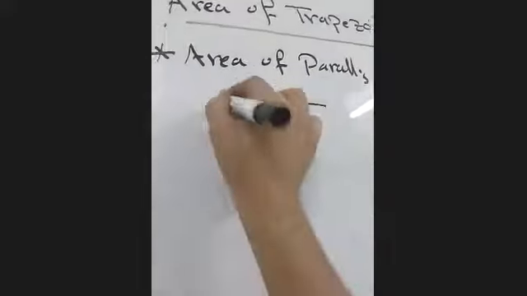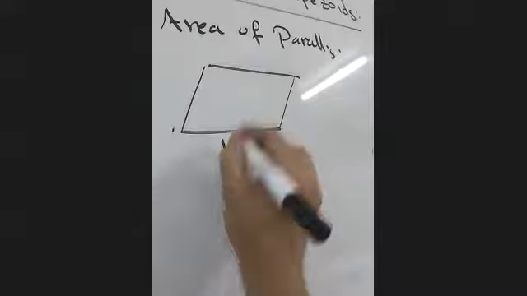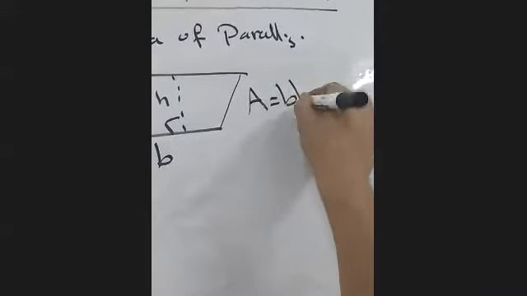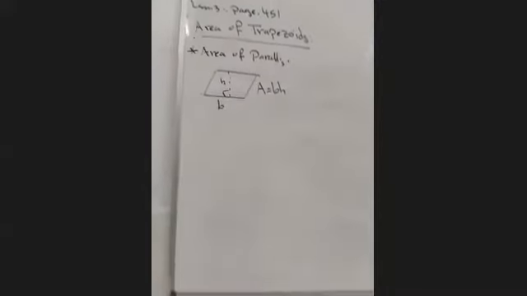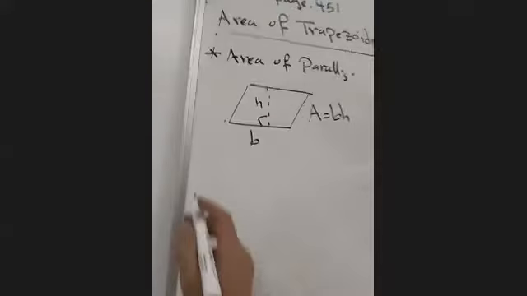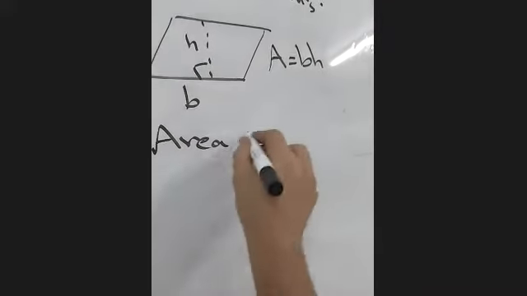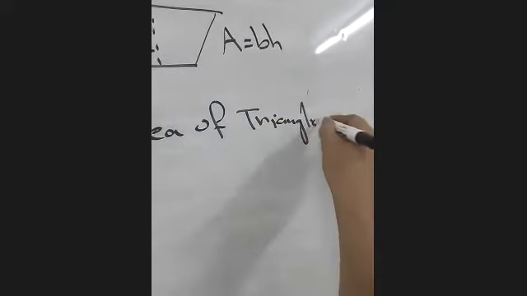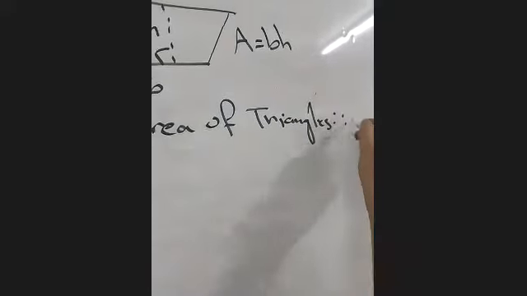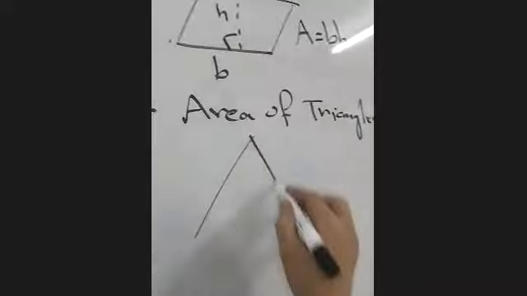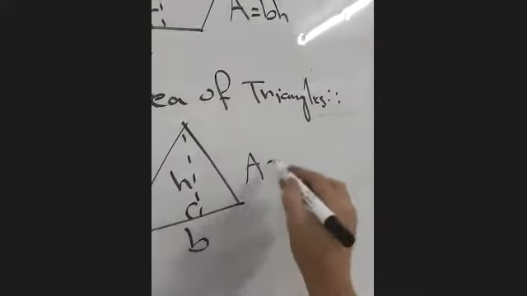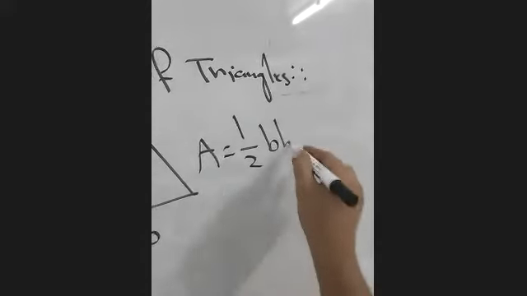We have this parallelogram, we have base, we have height, and the area is base multiply height. The second thing we took is area of triangles. We have a triangle like this one, base, height, equal half base height.